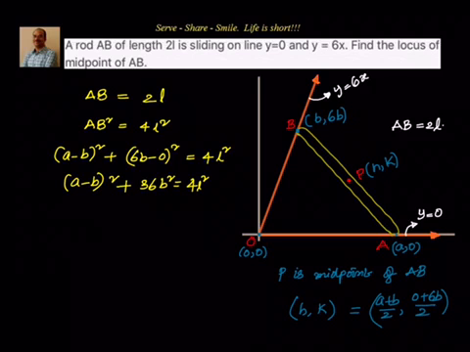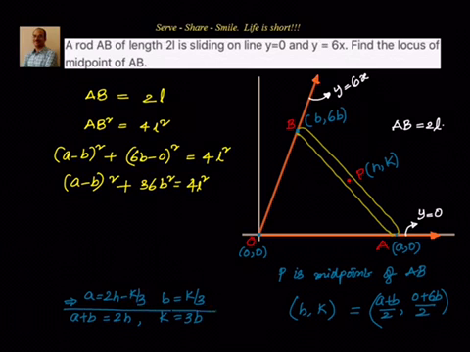So from that, a plus b is equal to 2h and k equal to 3b. Or we can write b equal to k by 3 and a equal to 2h minus b, that is 2h minus k by 3.